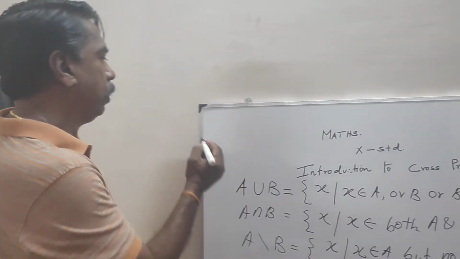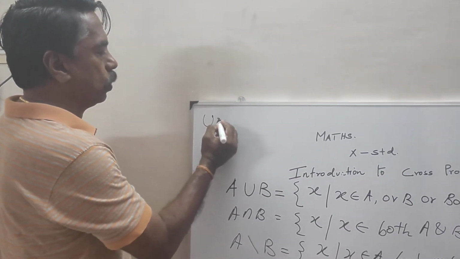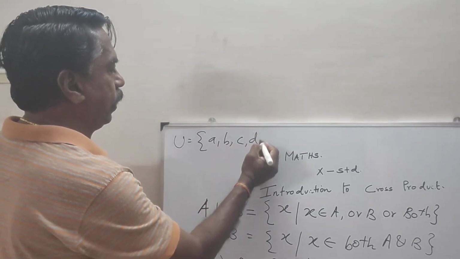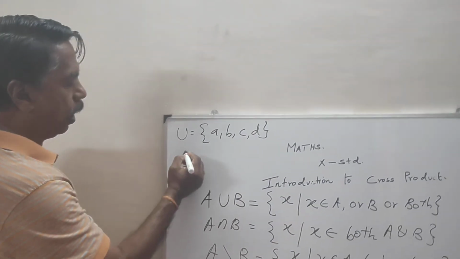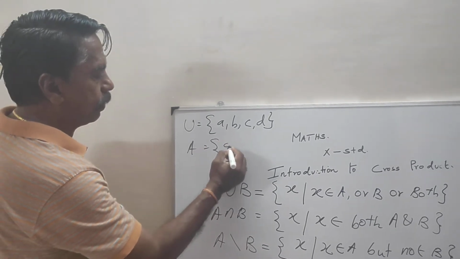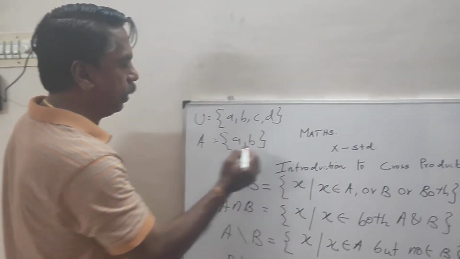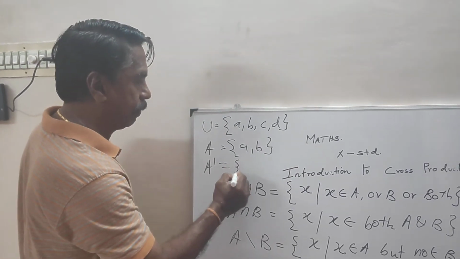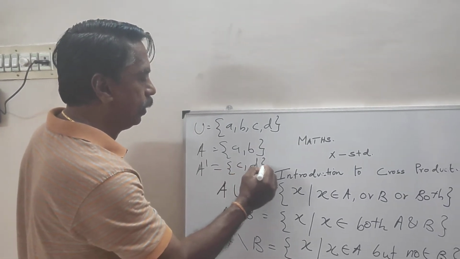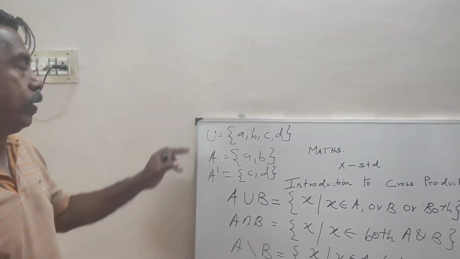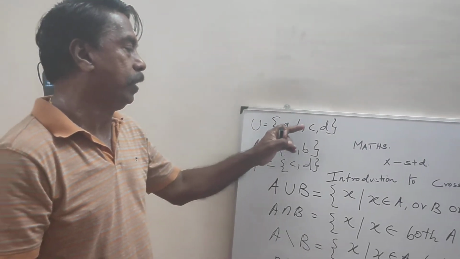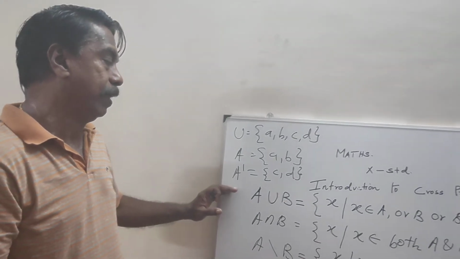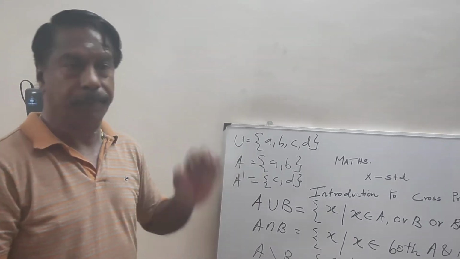For example, if the universal set U is A, B, C, D, and A is A, B, then A dash is C, D.